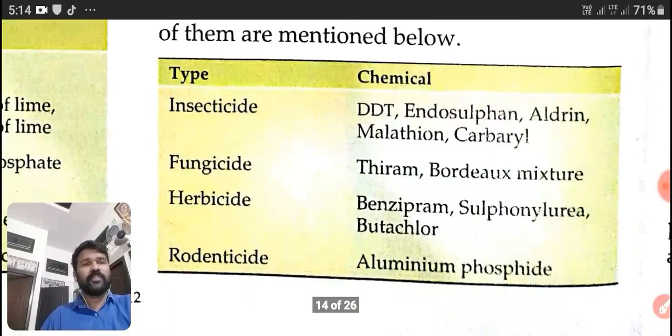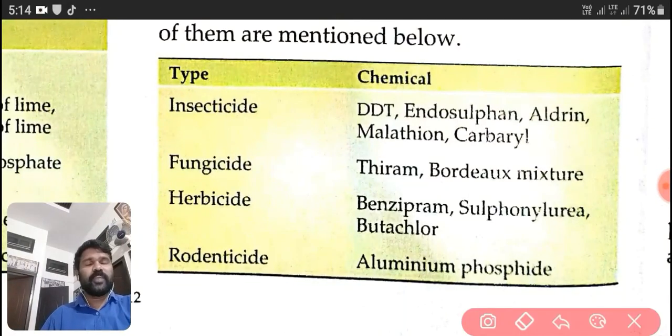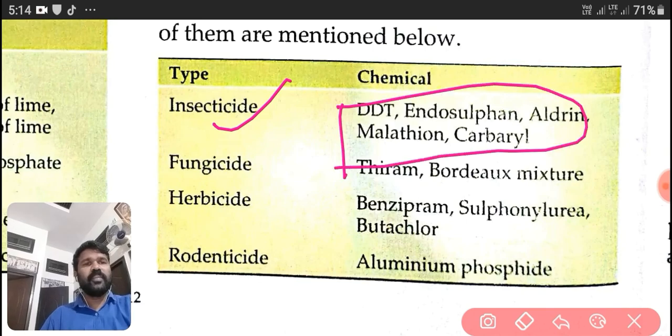Some examples of pesticides are given here. For insecticides, examples are DDT, endosulfan, aldrin, malathion and carbaryl.